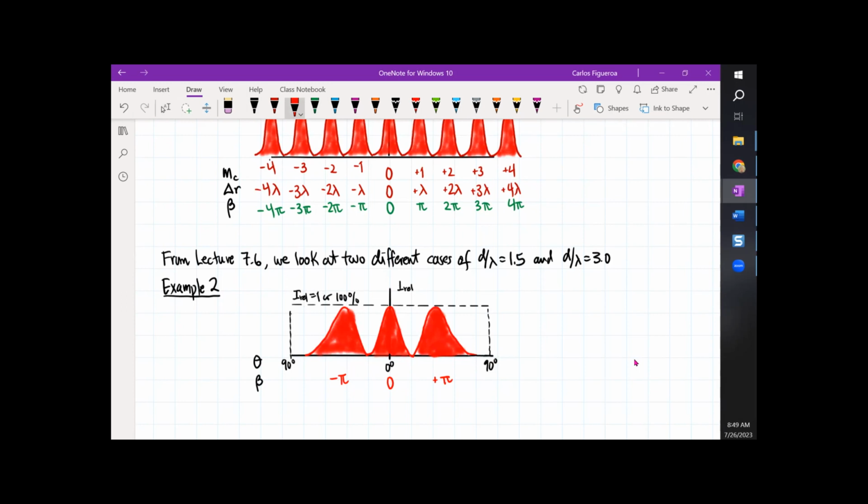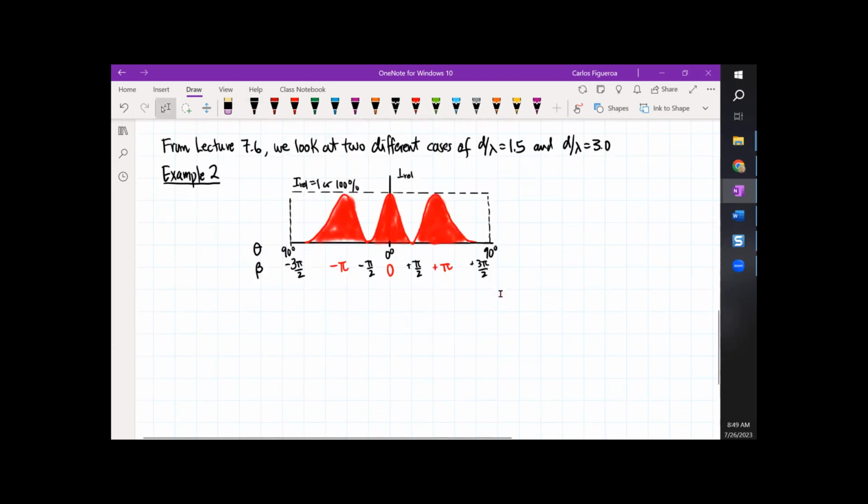The minimas, look where the minimas are going to be. The minimas are going to be at minus pi over 2, plus pi over 2. And then over here, this has to be 3 pi over 2, and this is minus 3 pi over 2. So remember, these are not symmetric because the small angle doesn't apply anymore.